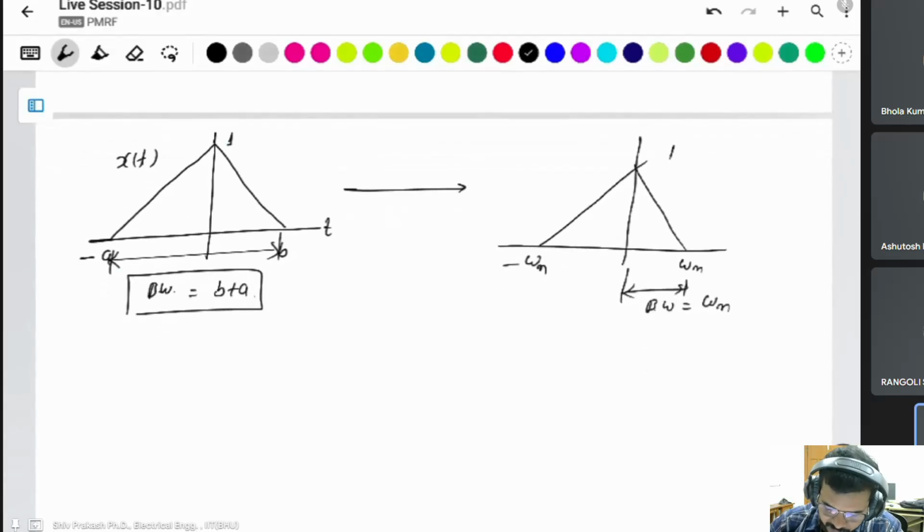There is a bandwidth in time domain, but in the frequency domain there is no meaning of negative frequency or any pass filter. That's why it will consider only the positive frequency.